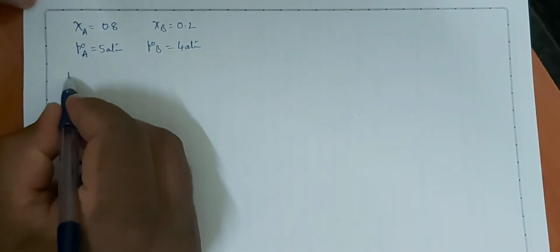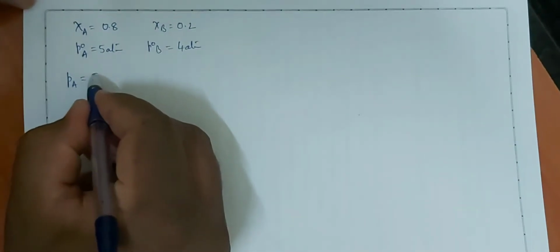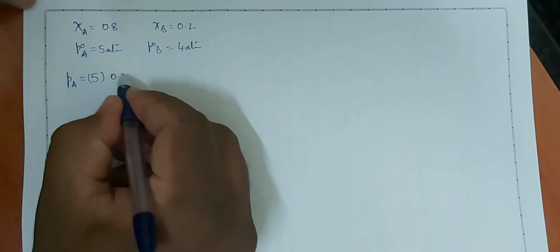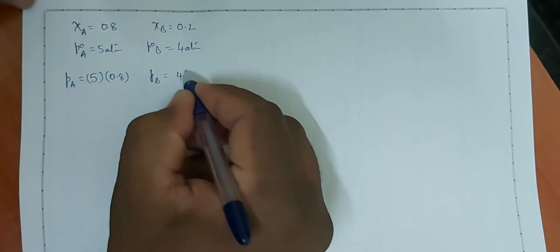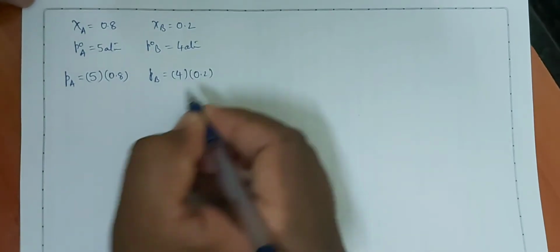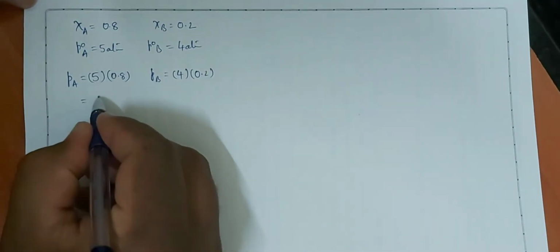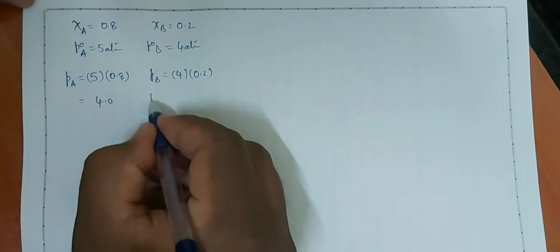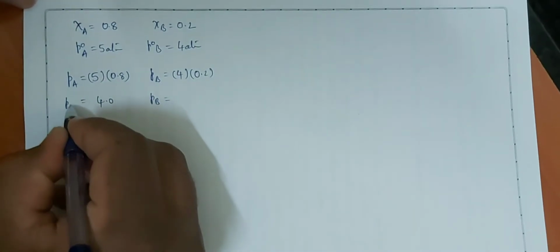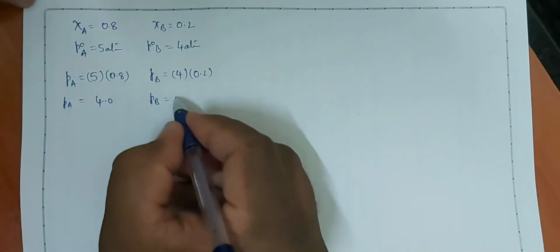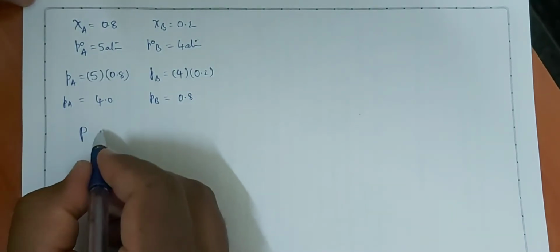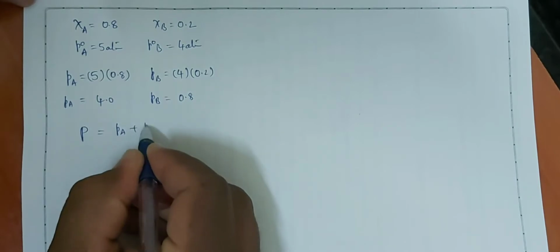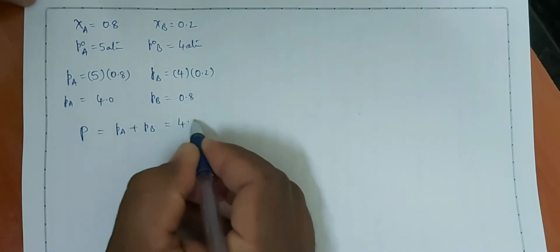Okay, now I am going to calculate PA. PA is equal to P naught A into chi A, 0.8. PB is equal to P naught B into chi B, 0.2. 5 into 0.8 is 4.0. PB is equal to 4 into 0.2, 0.8. Total pressure at this point, P is equal to PA plus PB is equal to 4.8.